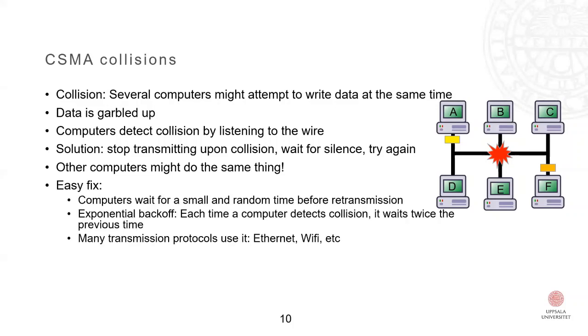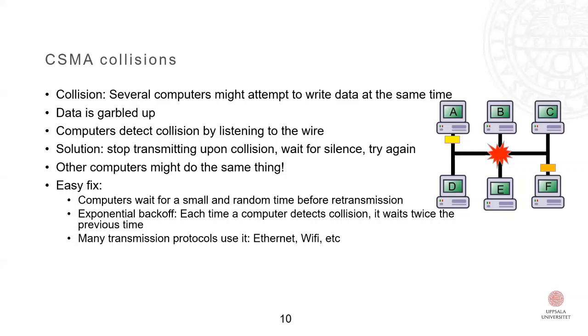So a fix for this, which was introduced, was that first, the computers wait for a small and random time before retransmission. So the time that, for example, A will wait will be different from the time that F will wait because they pick random times. And then each time a collision appears, they will back off.